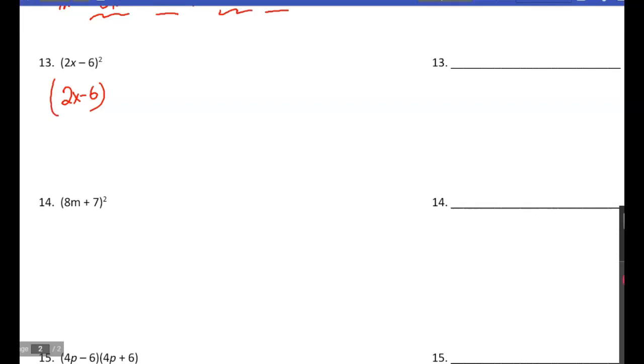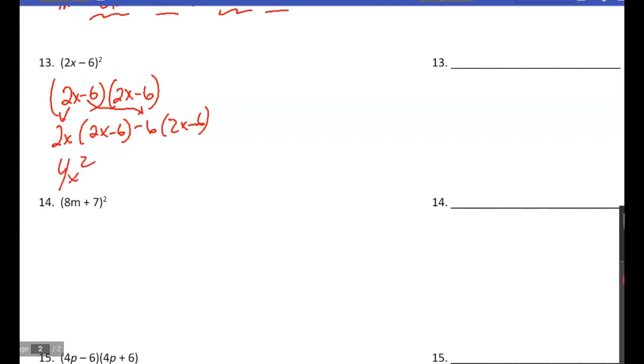So when we square something here, we just write it twice. That's what's going on in this case. So I have 2x times 2x minus 6. That's this part. And then negative 6 comes here. I have 2x minus 6 again. So 2x times 2x is 4x squared minus 12x.